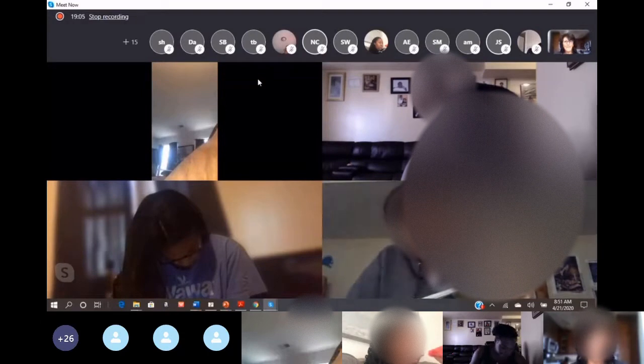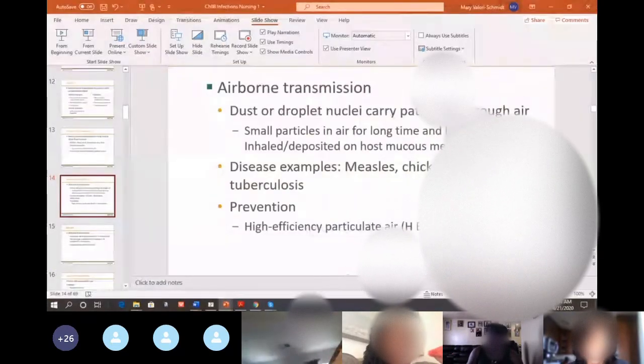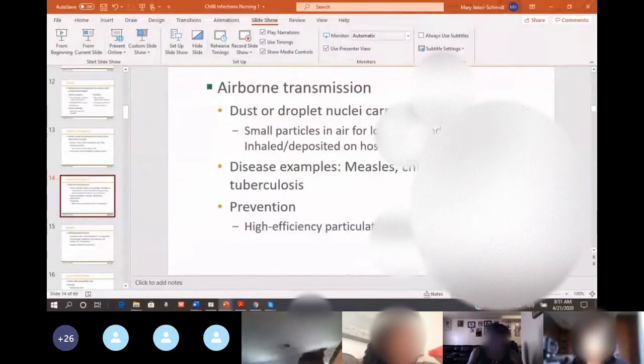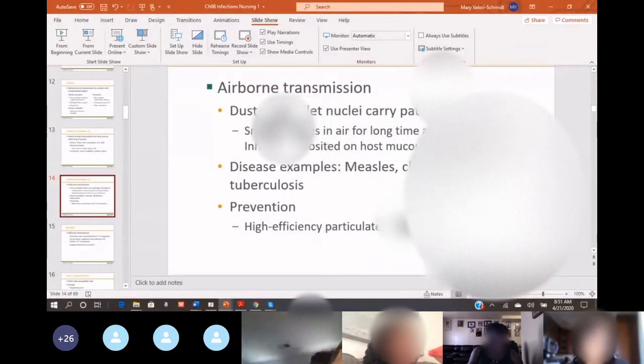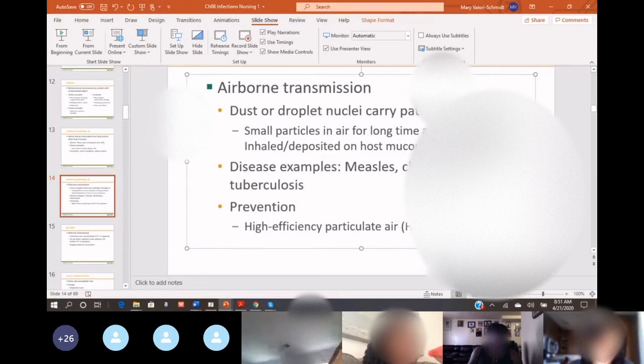What is the PPE that is required for airborne? And we're going to go over that right now. And these are the things that you need to know. High efficiency particulate respirators, also called fitted particulate respirators. I'm going to actually add a couple notes on here.